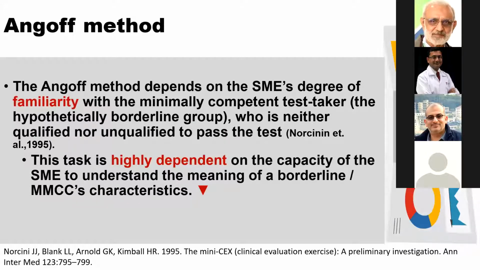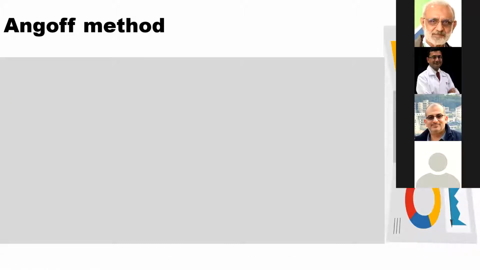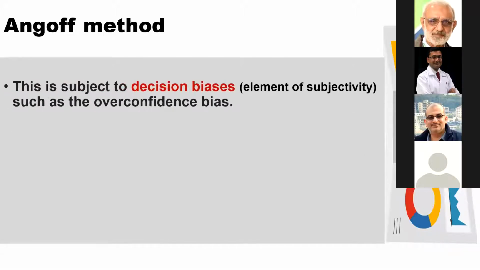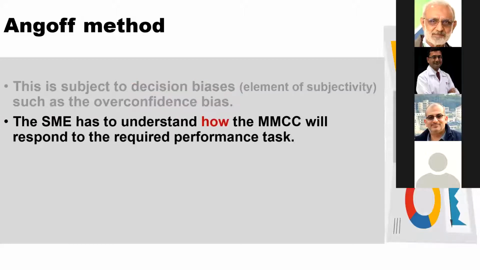This task is highly dependent on the capacity of the SME to understand the characteristics of a borderline minimally competent candidate. This is subject to decision biases, such as the overconfidence bias, and a lot of subjectivity appears in this method.